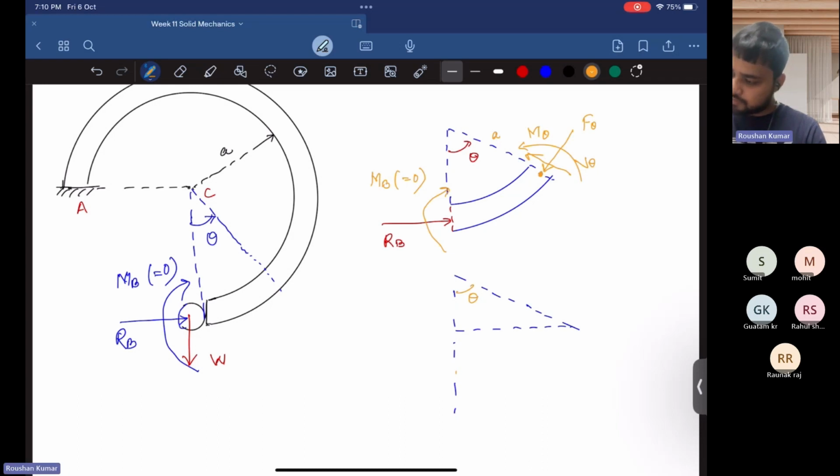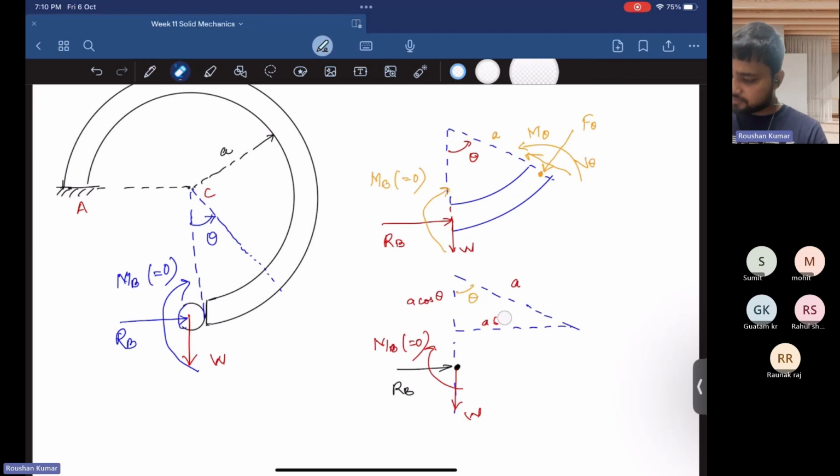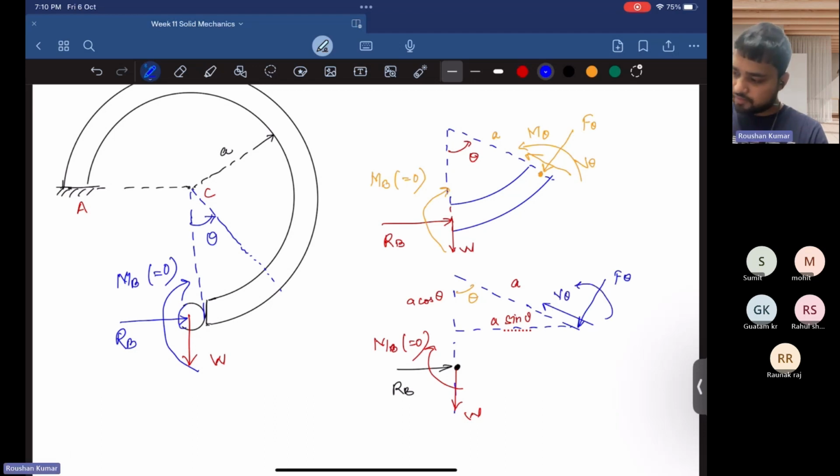Here somewhere a force is acting, which is RB, the reaction force. This is W, the downward force acting. Moment here acting, which is 0. Now this angle is theta, so this becomes A cos theta, and this is A sin theta. Here there are some forces acting, that is F theta, this is V theta, and there is a moment M theta.